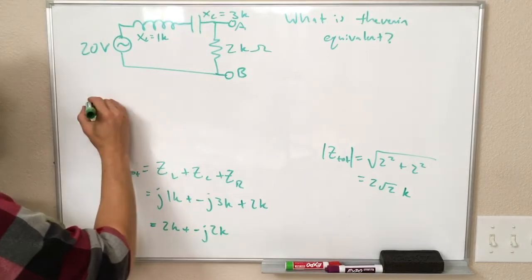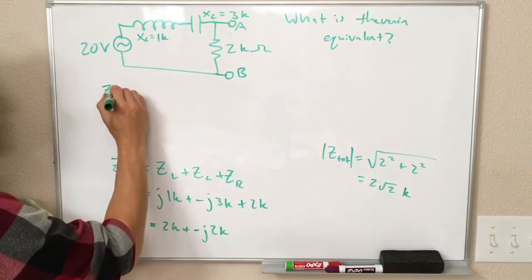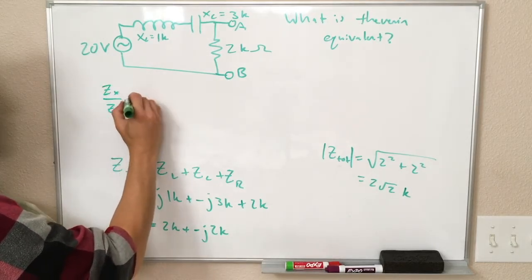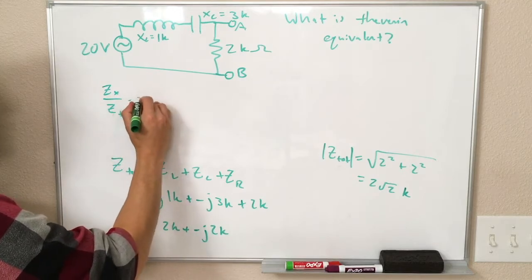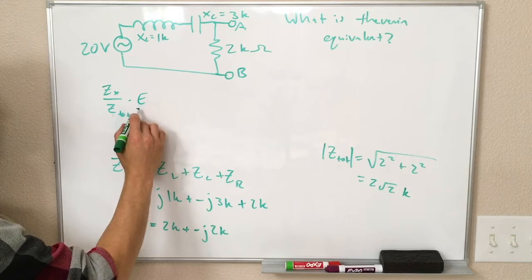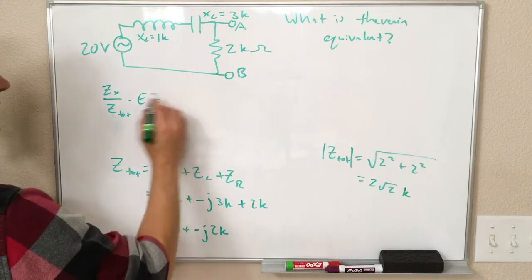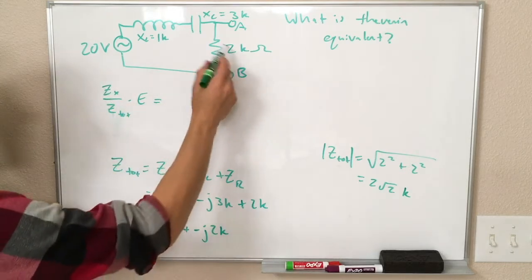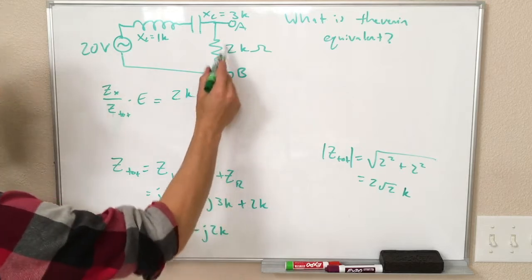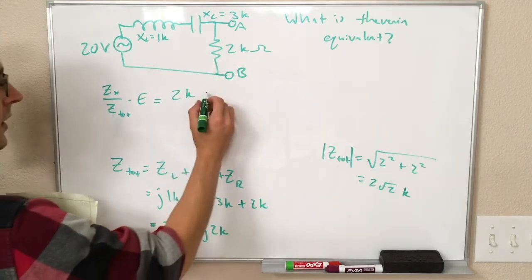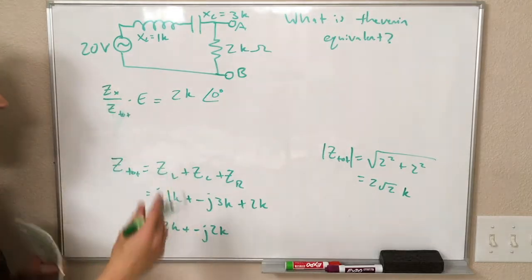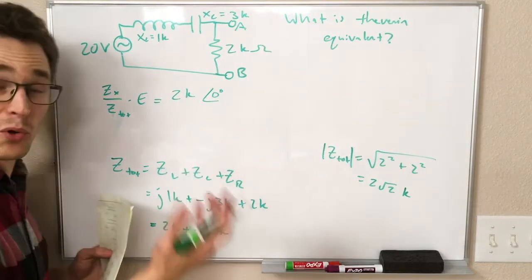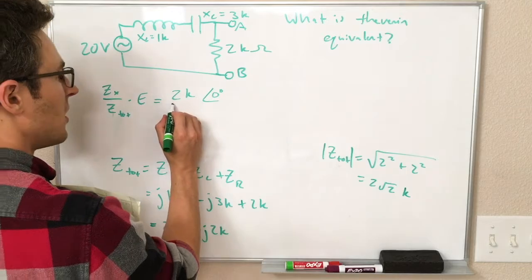Okay, so our voltage divider equation, remember, is Zx over Z total times the voltage applied. So this is going to be Zx, the impedance of component X, which is just 2 kiloohms, which is real, so that's fine. And we'll put an angle of 0 because now we're dividing these numbers, so we're going to need angles. We're going to need things in polar coordinates, not rectangular coordinates.